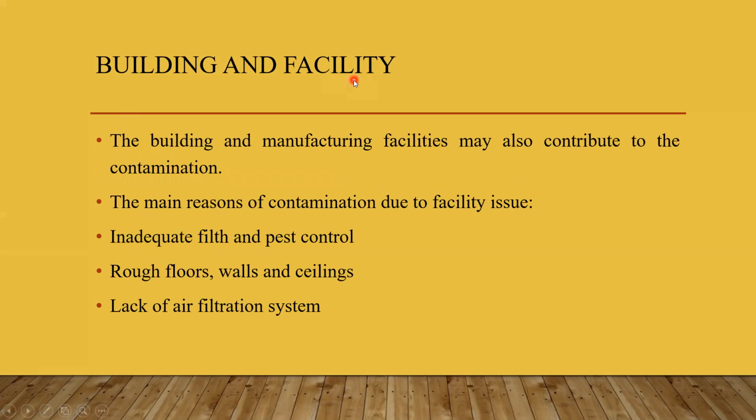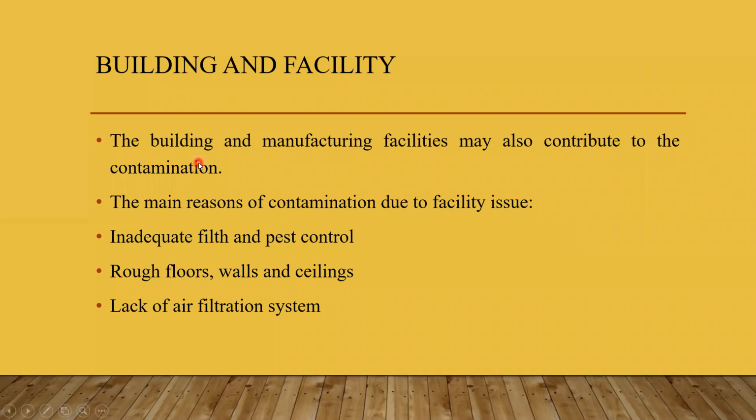Now, next source of contaminants is building and facility. How are the building infrastructure and its facilities also responsible for the bacterial contaminants in the formulation, for the spoilage of the formulation? The building and manufacturing facilities also contribute to the contamination.